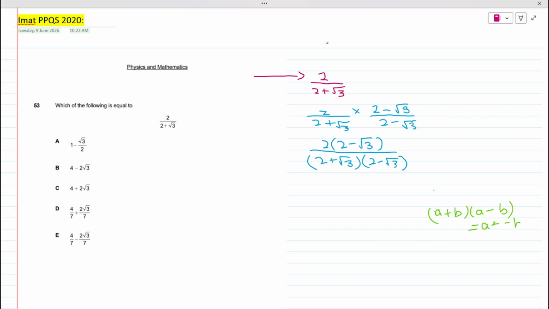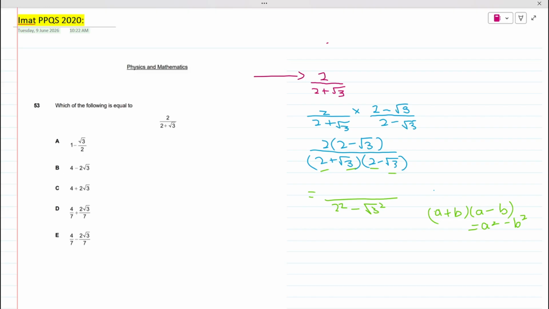You just have to apply the formula on it. Your a is 2, so 2 square, and then minus b square, where your b value is radical 3, so radical 3 square.